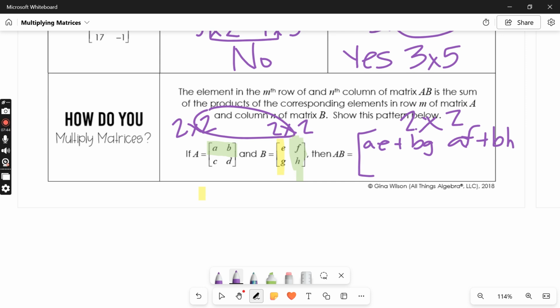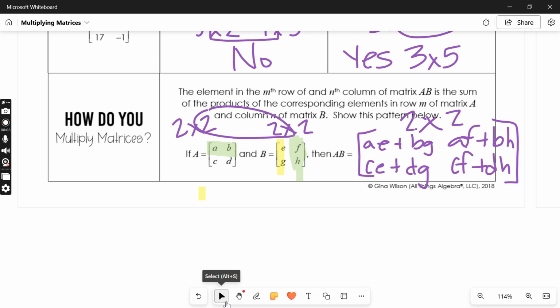So I'm going to do CE plus DG, and then CF plus DH. All right, so we'll take this kind of slow when we do our example, but that is our formula that we're using.